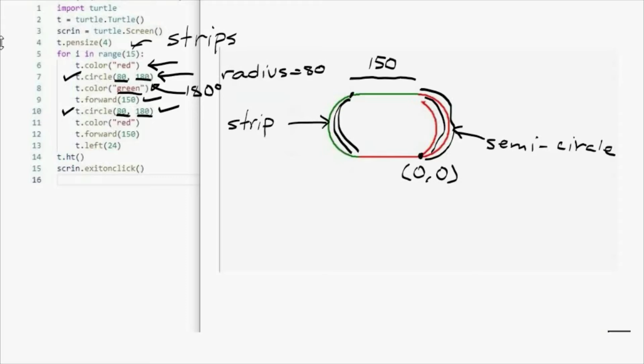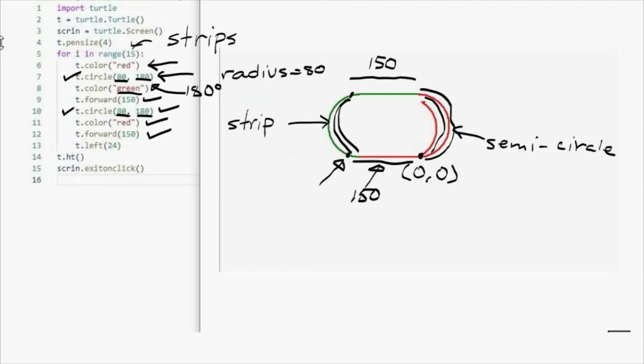Now after drawing the semicircle, we're now here and then we draw the red line here. The red line here, which is 150 pixels in length. So we have here the color red and then 150 pixels in length. So after that, we're done with the strip here.